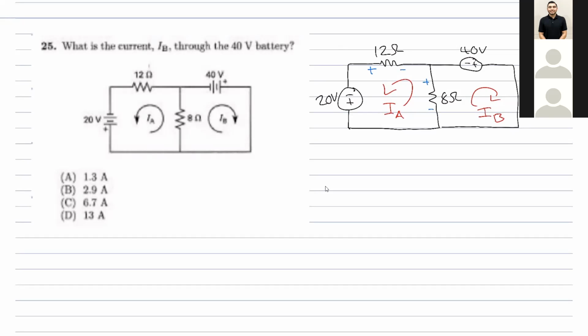Okay. So first loop, what we got here is a rise. They're all rises, so they're all going to be on the same side. So you're going to get negative IA minus IB, all that multiplied by 8 ohms, plus we got negative IA times 12 ohms plus 20.